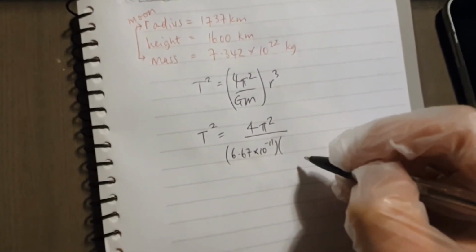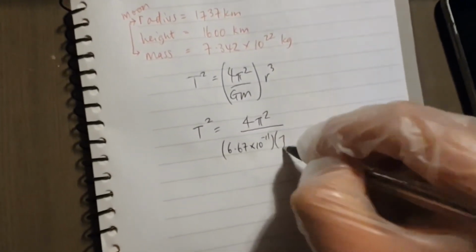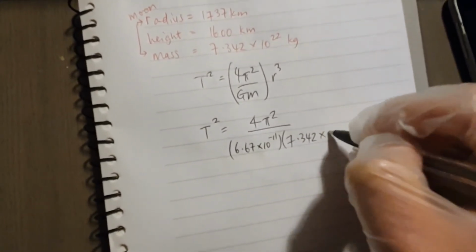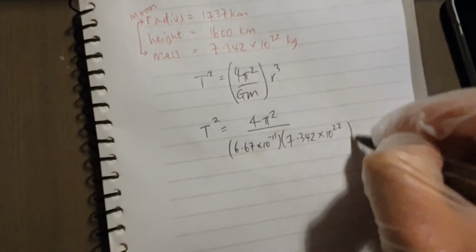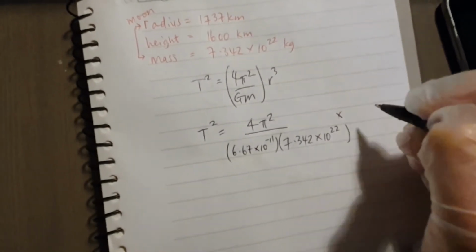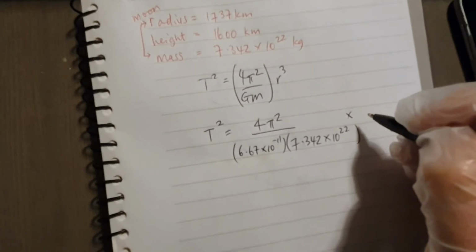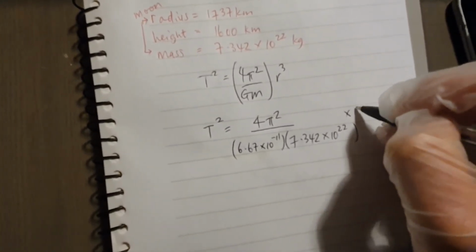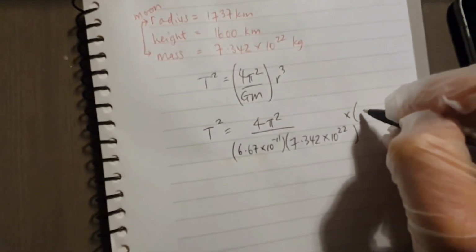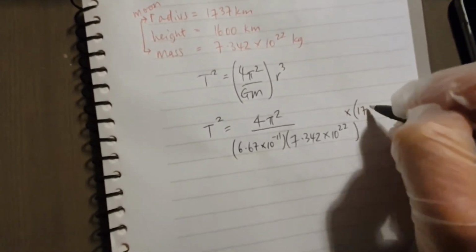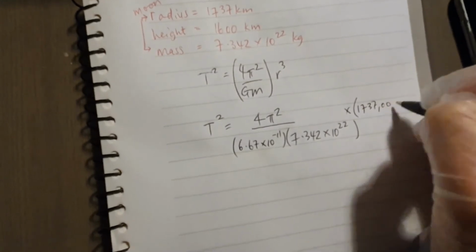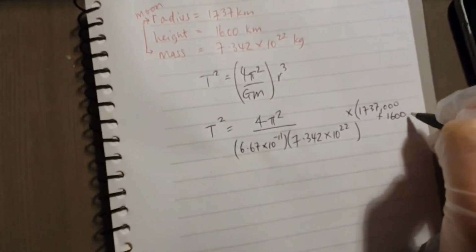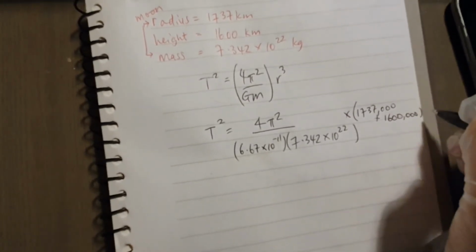Now for the moon's mass, and then you multiply by r cubed. Now in this case, the r is the radius and the altitude together. So it would be 1,737,000 plus 1,600,000, all of that cubed.